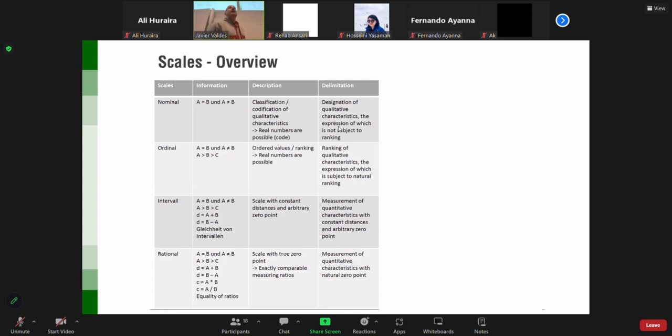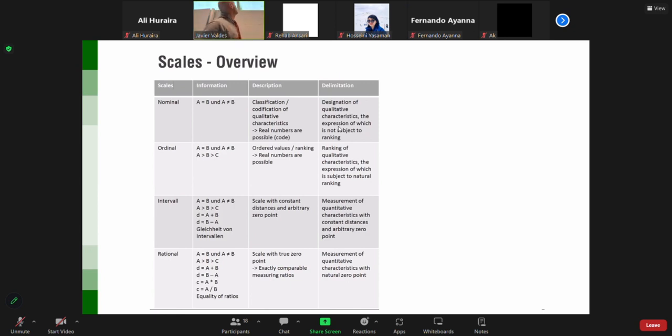Real numbers are possible, okay? I can use IDs 001, 002, 003, 004. It's a number, but for me, it's a string, and I need to know information about the metadata behind it to not code it as a continuous variable, right?